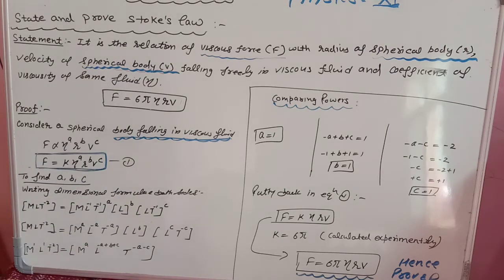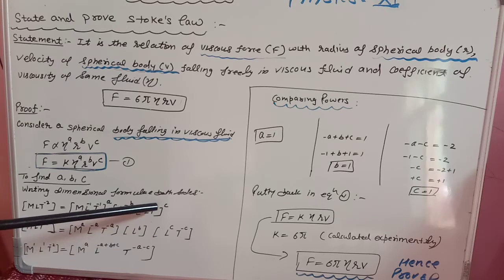Wherever the power is a, b, c, I have written a, b, c. Now multiply these powers a, b, c inside. So M power is 1 multiplied by a, so M power is a. L power is minus 1 multiplied by a, minus a. T power is minus 1 multiplied by a, T power is minus a. L power is b, so b. L power c, L power c.